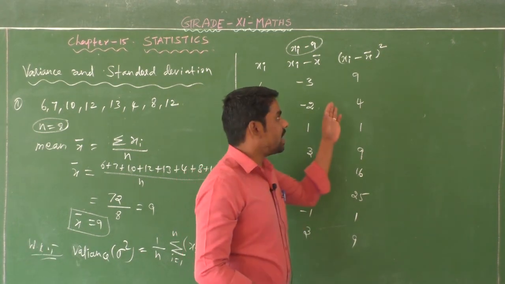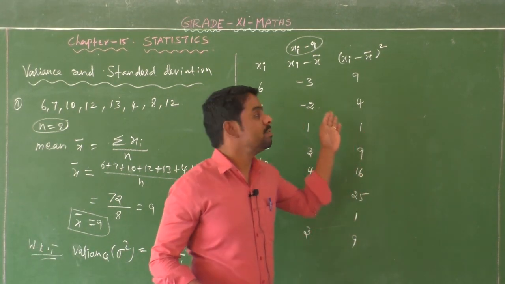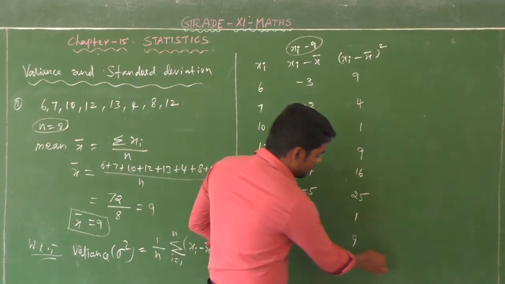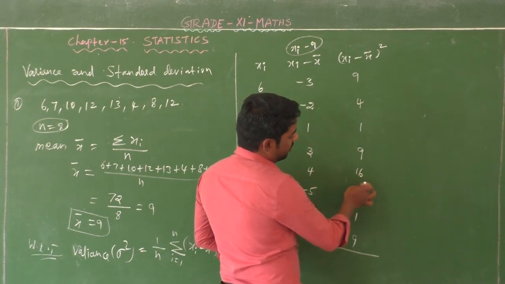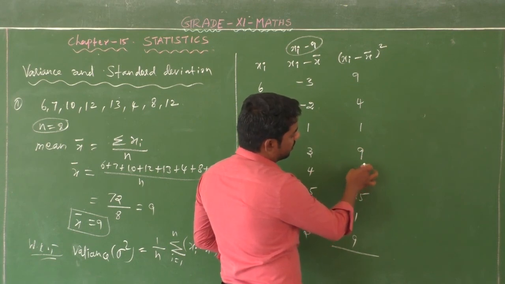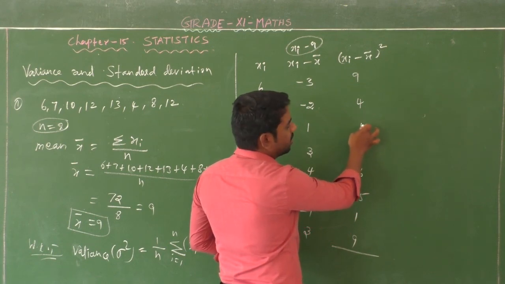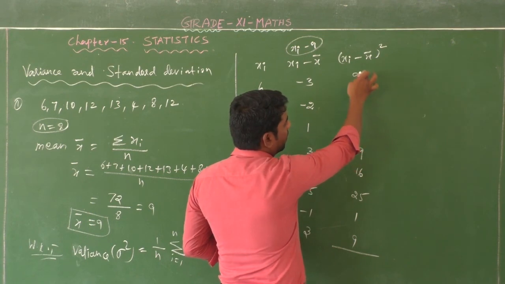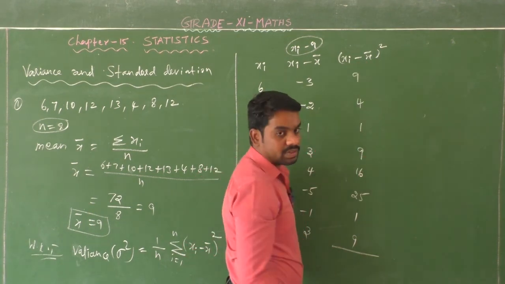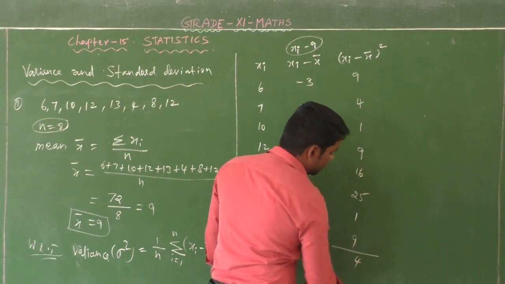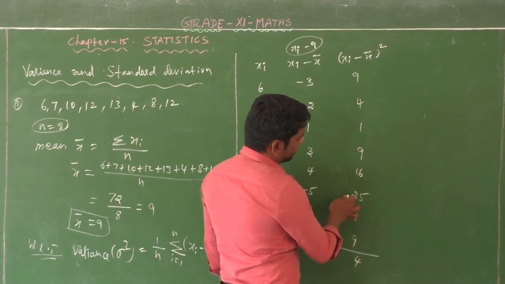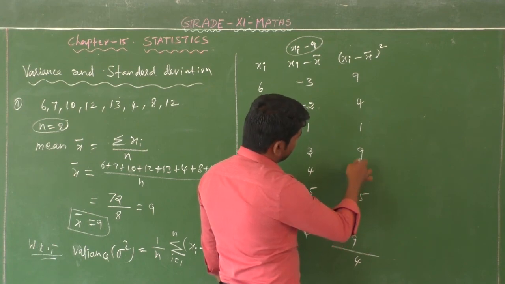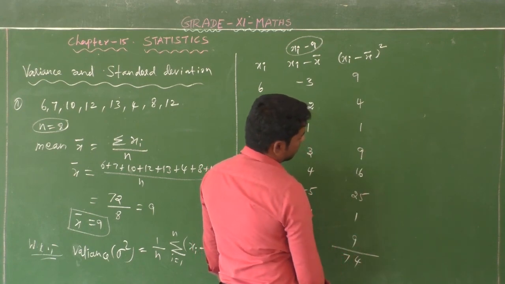So the sum of these values, that is the summation of xi minus x bar the whole square. Sum of these values: 9 plus 1 is 10, plus 5 is 15, plus 6 is 21, 30, 31, 35, plus 9 is 44. Remaining 4, 4 plus 2 is 6, 6 plus 1 is 7.